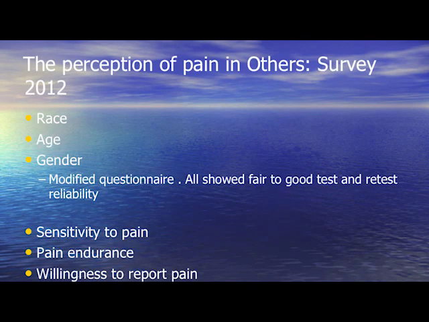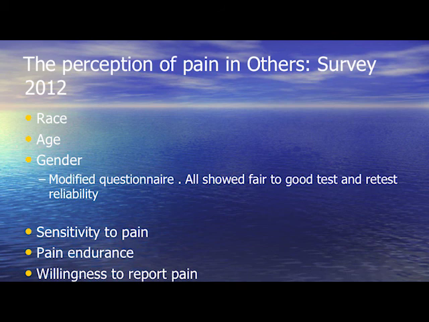There's another survey done in 2012 with a different questionnaire. They studied the sensitivity to pain, the pain endurance, and the willingness to report pain. And they studied that in the elderly and by gender as well, and different race groups. So this is not a pain-induced survey.